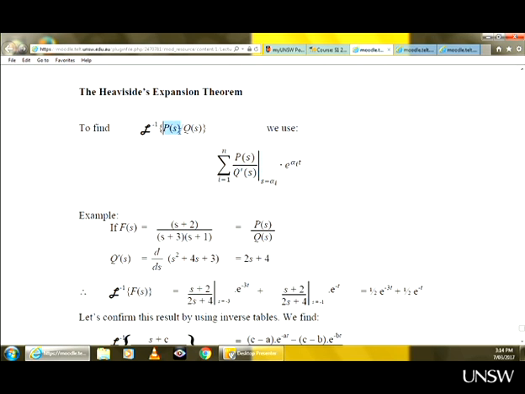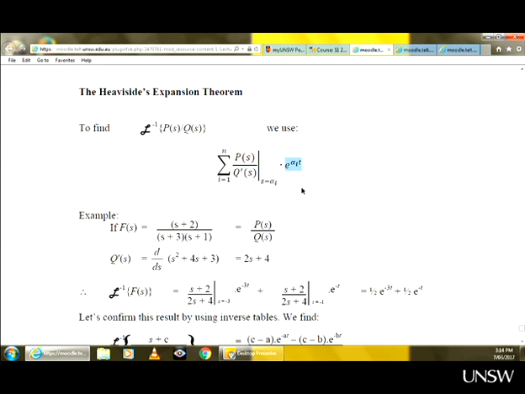So numerator divided by the derivative Q prime of s, substitute s with the first root, and multiply by e to the minus first root times t. So you go straight into the time domain. You don't even use the tables.